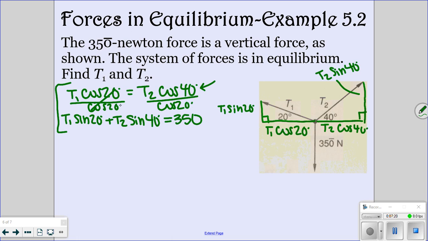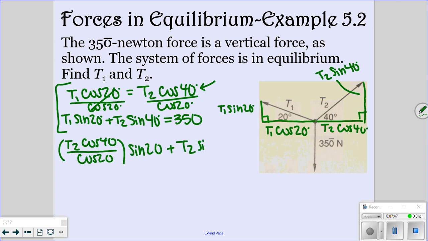So that's what T1 will equal: T2 cosine of 40 over cosine of 20. So we have, instead of T1, T2 cosine of 40 over cosine of 20, and then times sine of 20, plus T2 sine of 40 equals 350.